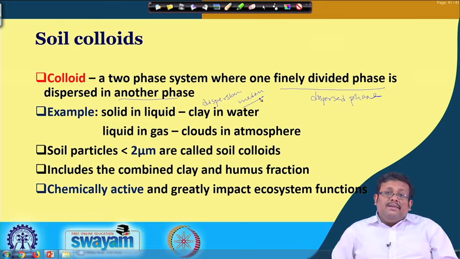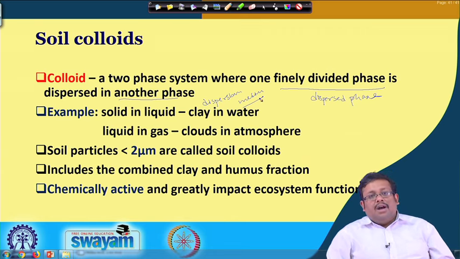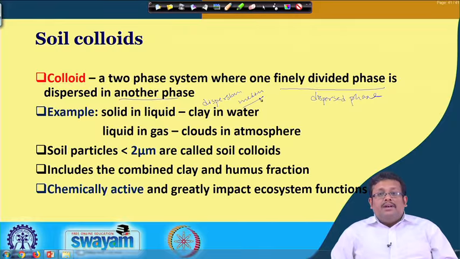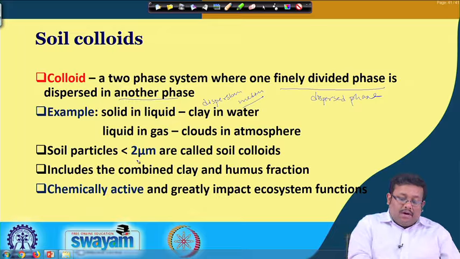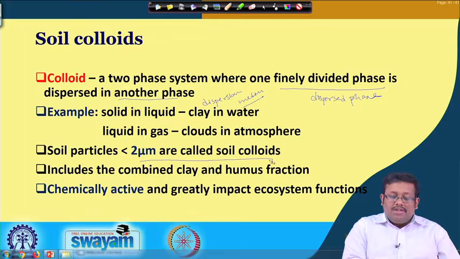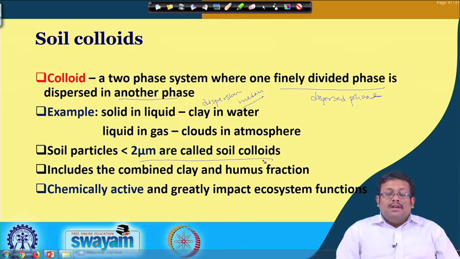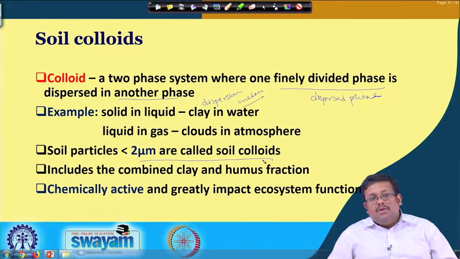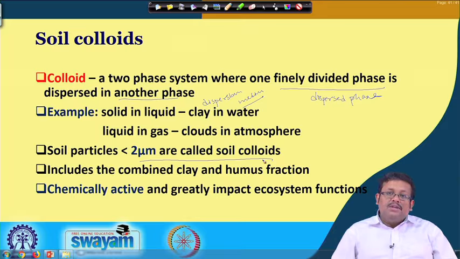And remember that if we narrow down to the soil, all the particles which have size less than 2 micrometer are called soil colloids. These particles less than 2 micron in size combine both clay and humus fractions.